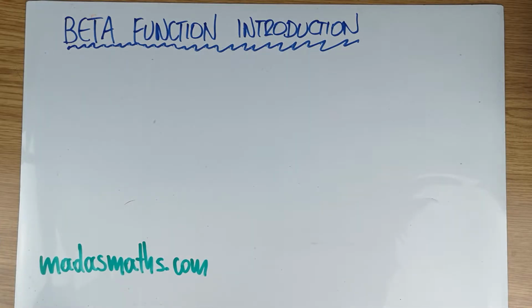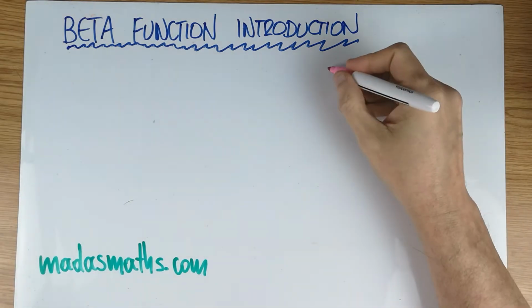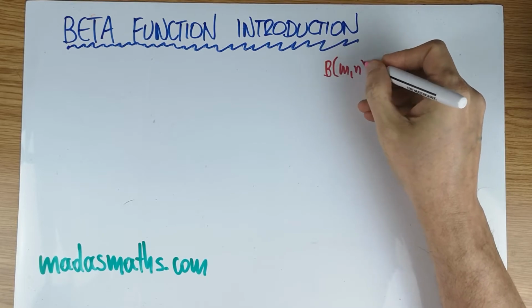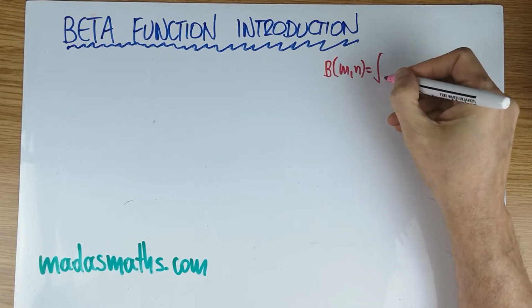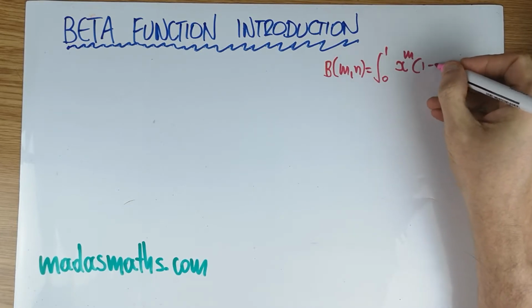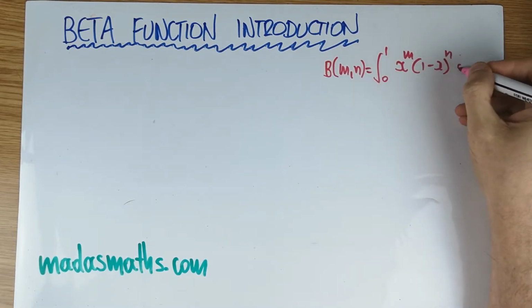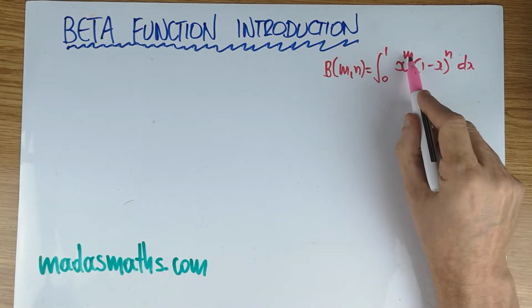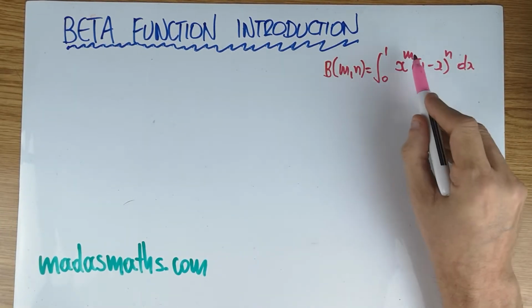So let's write the definition of what the beta function stands for. The beta of m comma n is defined as the integral from 0 to 1 of x to the power of m minus 1, times 1 minus x to the power of n minus 1, dx. So two bits in the argument, m and n.